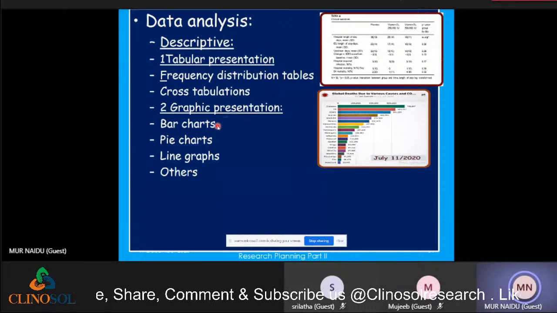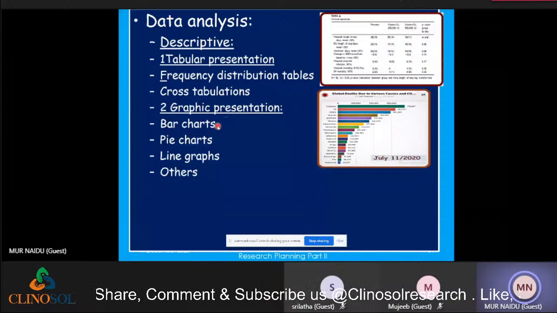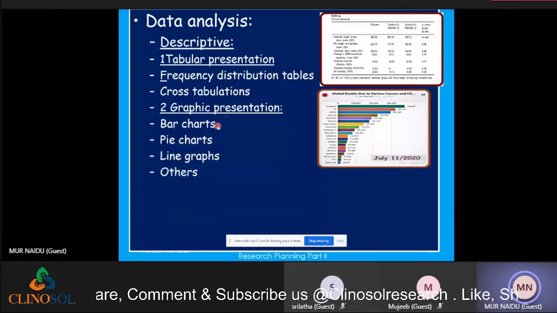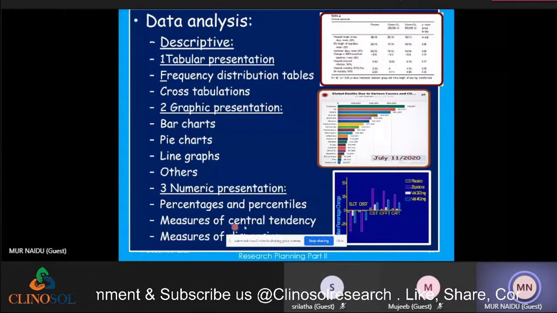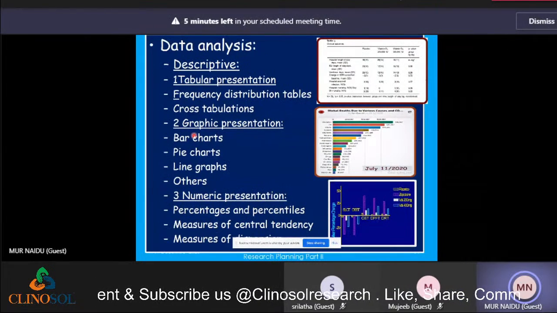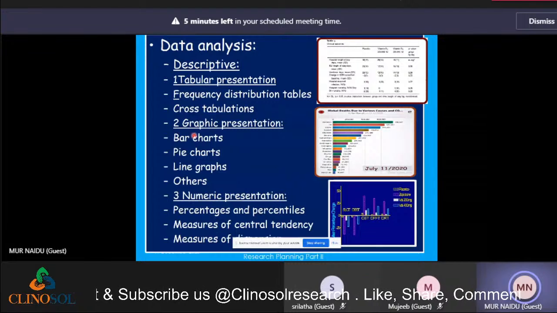So in the form of a table, in the form of a graph, or in the form of numerical presentation, whatever the way, the data analysis and presentation can be done.